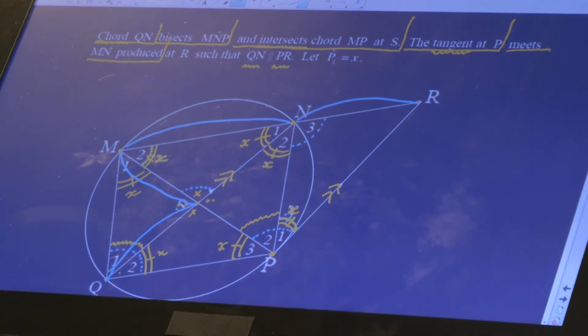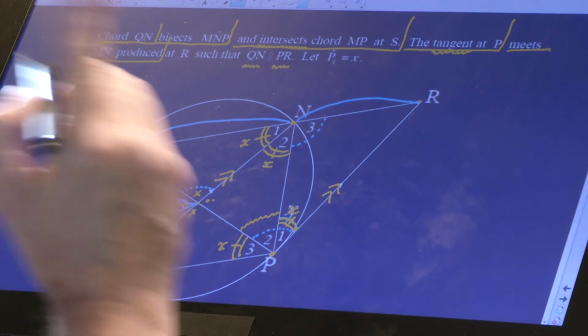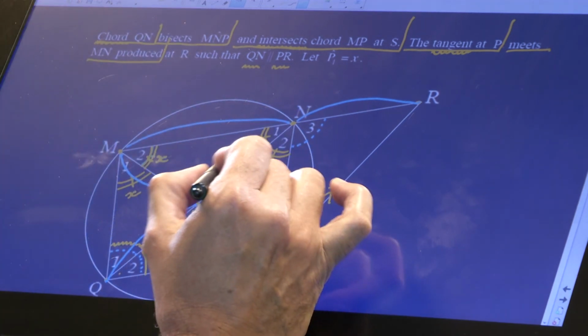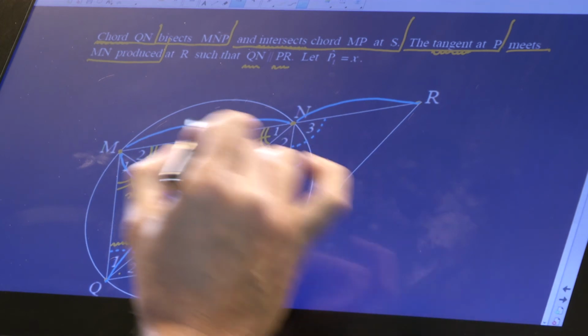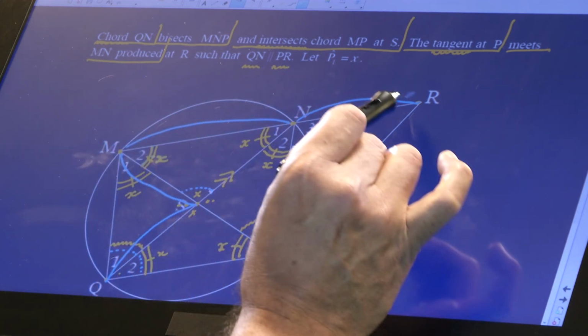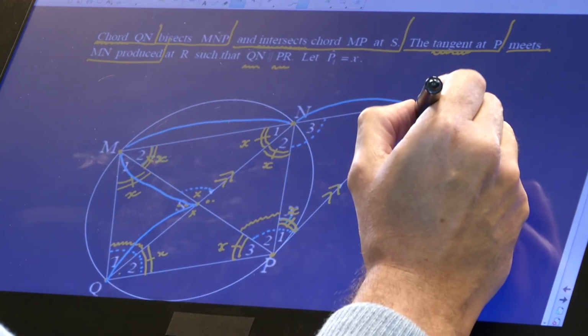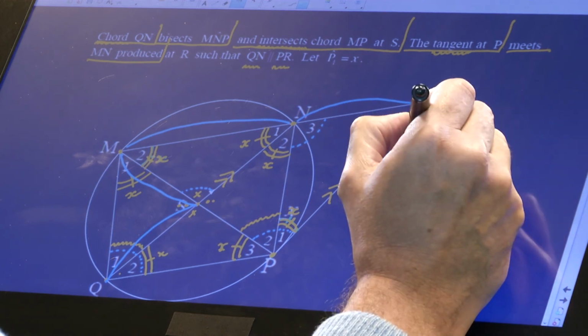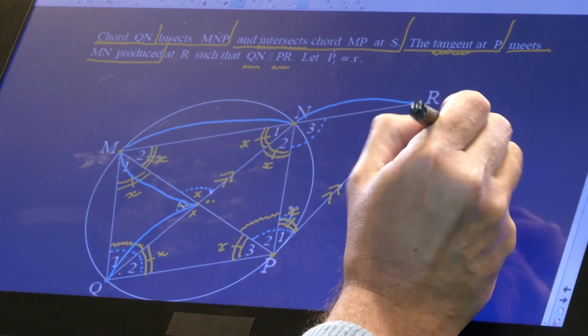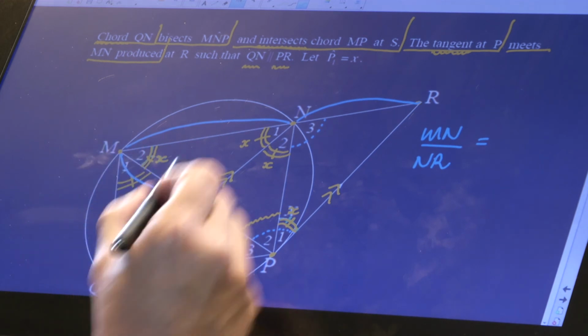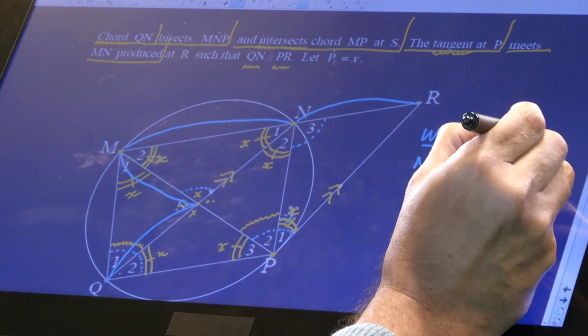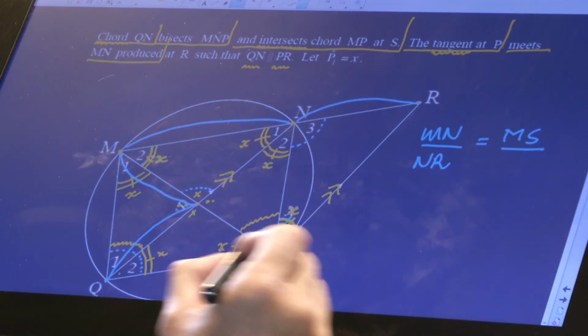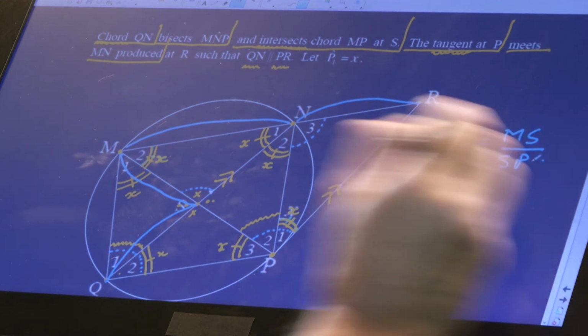Now that looks very strange, because we know if things are parallel like they are, then MN over NR, our theorem tells us, is equal to MS over SP. That's what the theorem says.